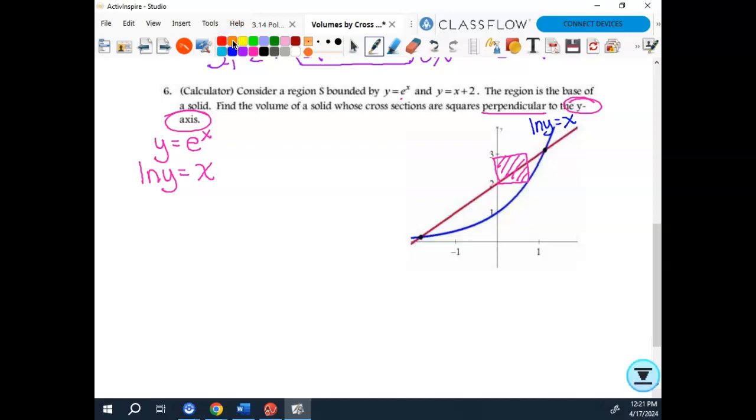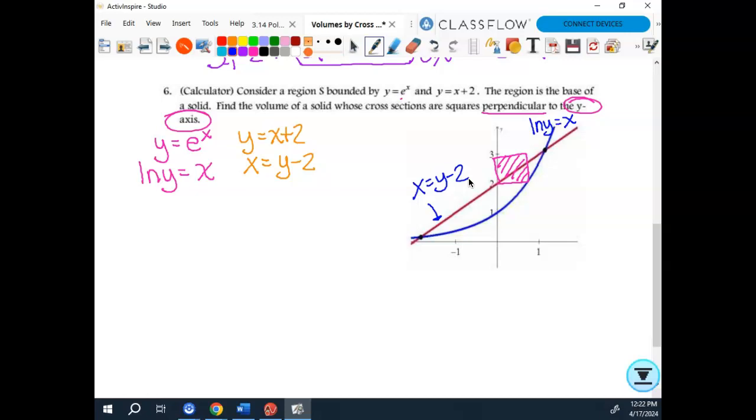Then we have y equals x plus 2, so that means x equals y minus 2. And that is the line x equals y minus 2. Everybody okay with that?